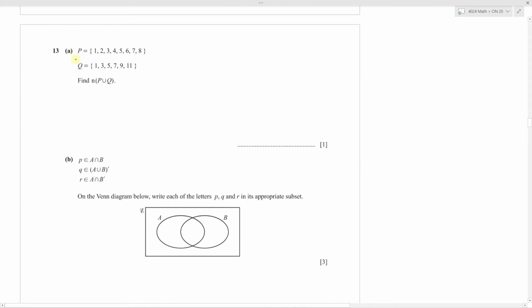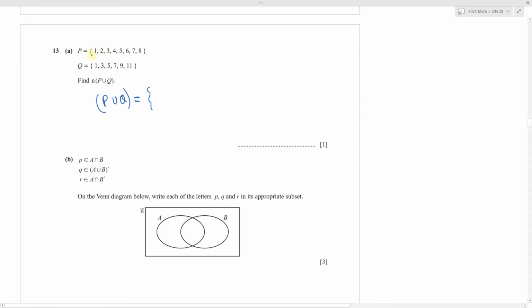Question number 13, part A is you're given two sets P and Q. Find the number of elements in P union Q. So let's first find what is P union Q. P union Q is everything in P and everything in Q, except you don't write the same number twice. So there's no duplication.